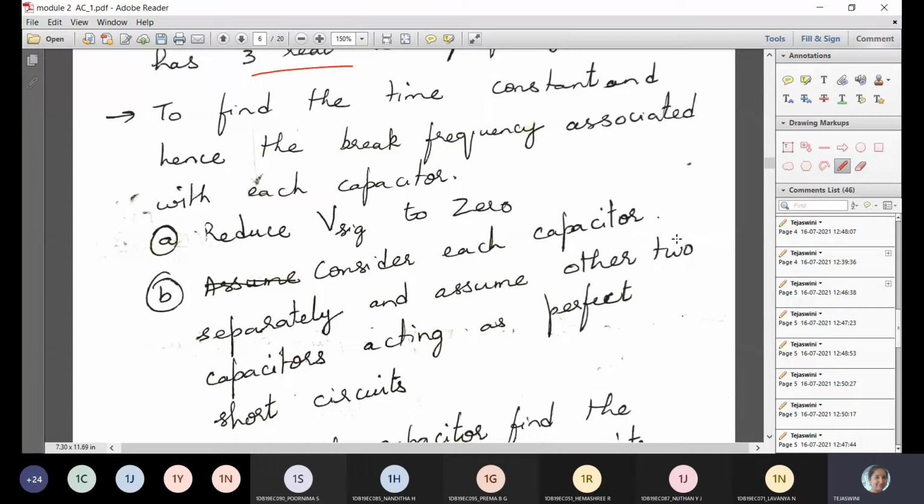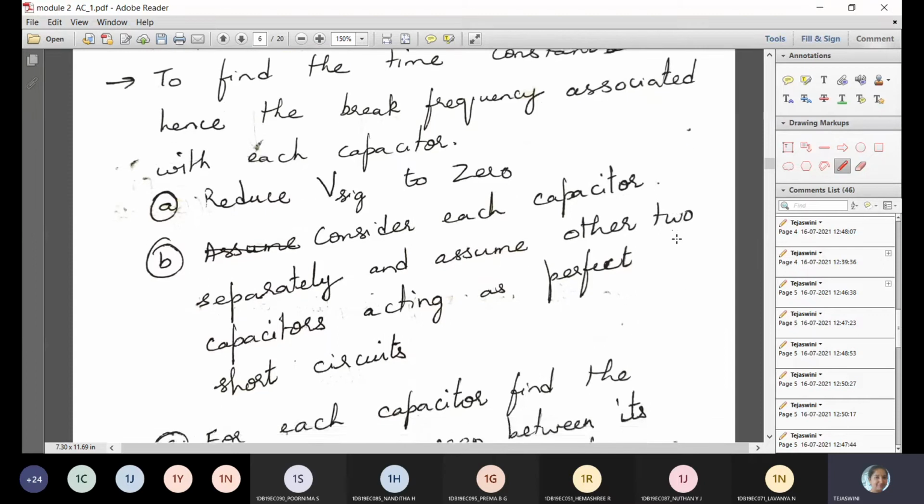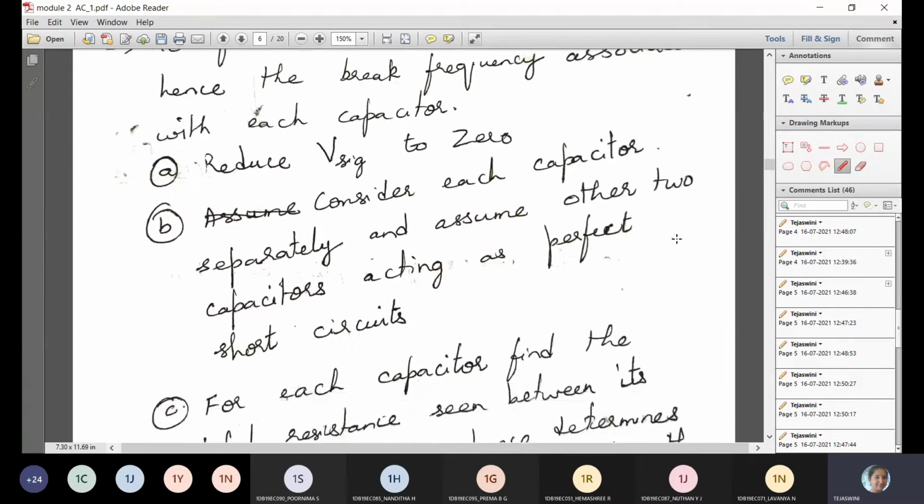Similarly we found CS, assuming CC1 and CC2 are short circuited. Similarly for CC2, we make CC1 and CS short circuited. So this is the procedure to find the break frequency.